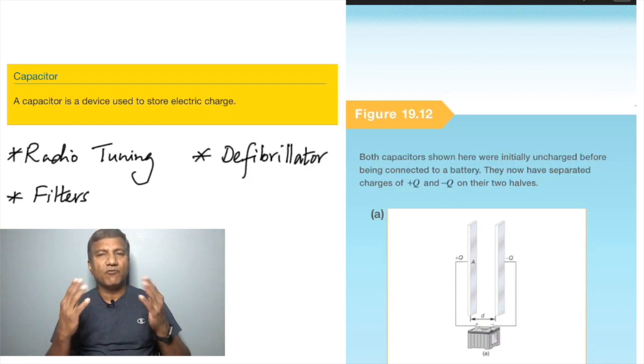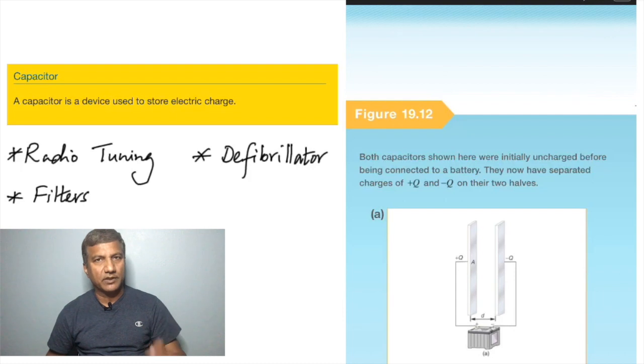The maximum voltage between the capacitor plates will always be equal to the voltage of the battery. That means if it's a 12 volt battery, after the capacitor is fully charged, the voltage between its plates will be 12 volt. That's what it means.